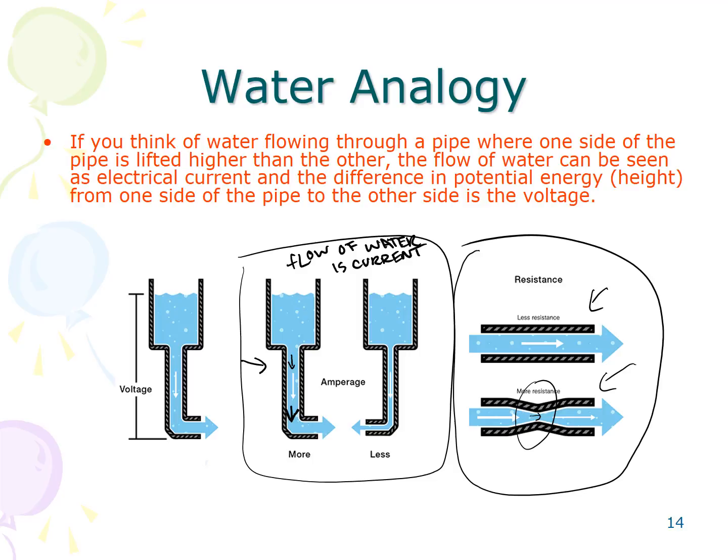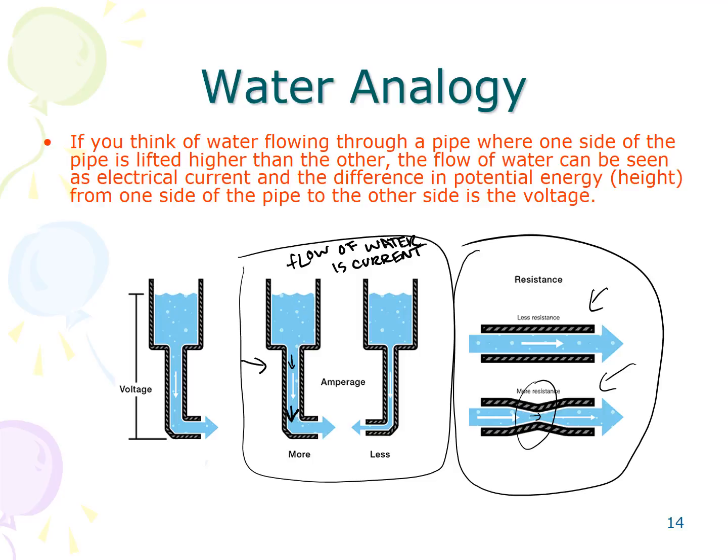Another example of resistance is when you take a shower. This might be kind of a gross example, but it's accurate: a resistor would be like having a hairball in your drain pipe. The water doesn't flow as easily. So that would be one example of a resistor.